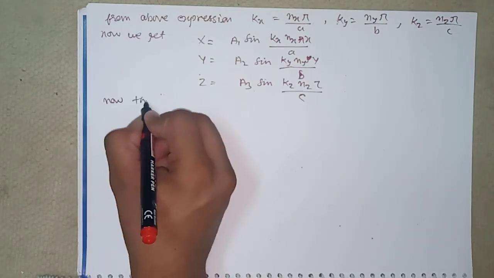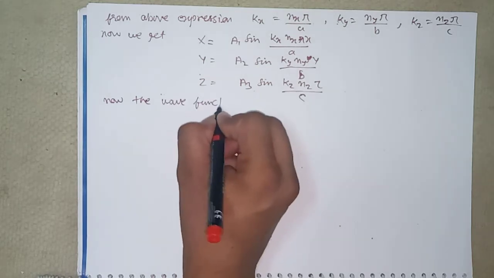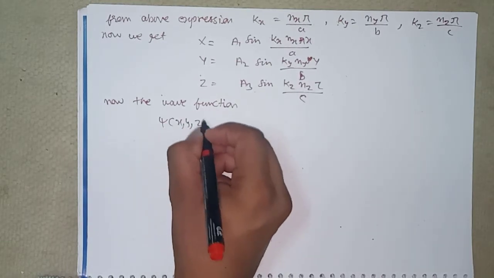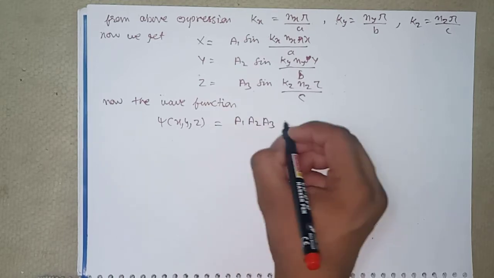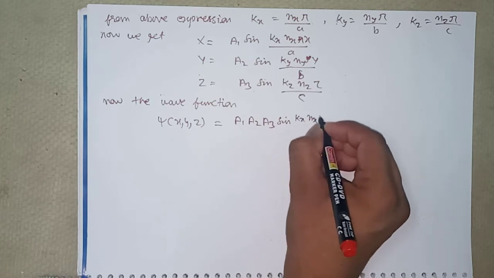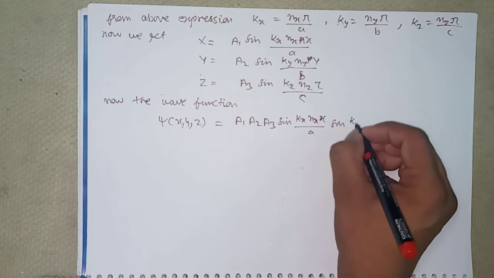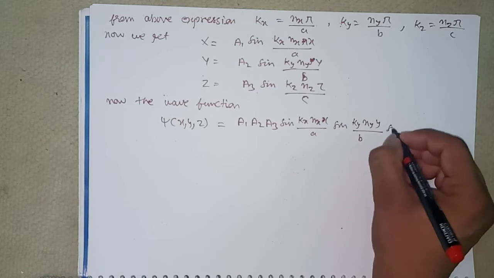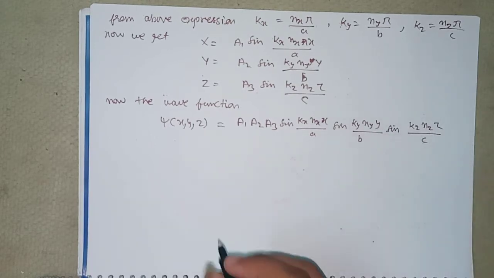Now the wave function psi x y z is equal to a1 a2 a3 sin nx pi x upon a sin ny pi y upon b sin nz pi z upon c.